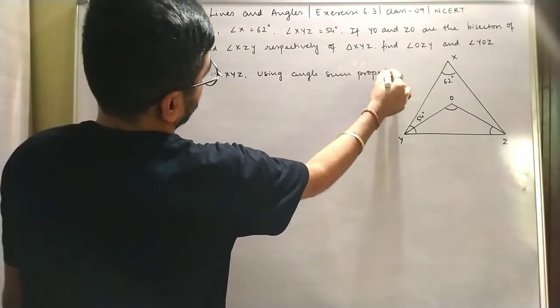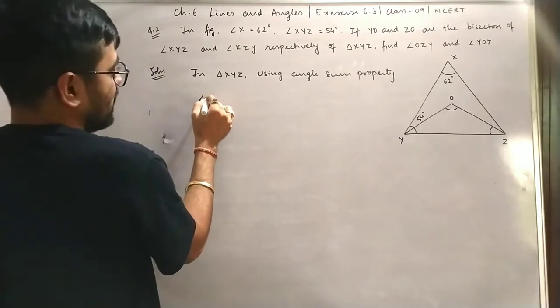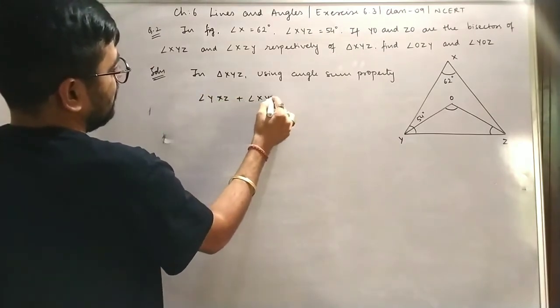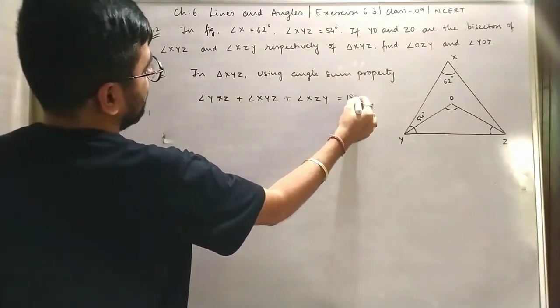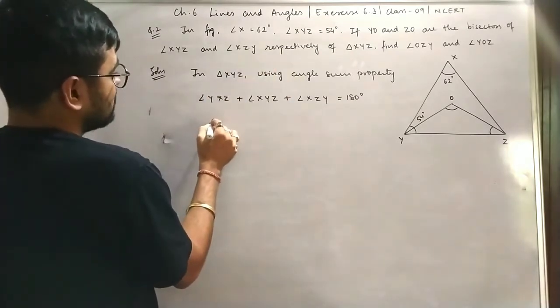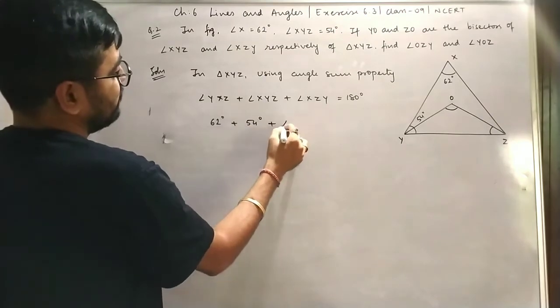So as per the angle sum property, what will it be? Angle YXZ plus angle XYZ plus angle XZY is equal to 180 degrees. Angle X is given to us as 62. Angle XYZ is also given as 54.